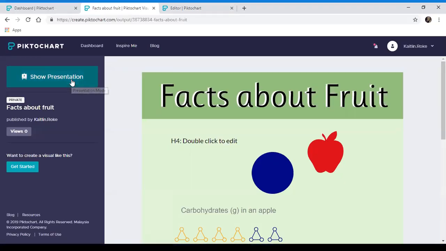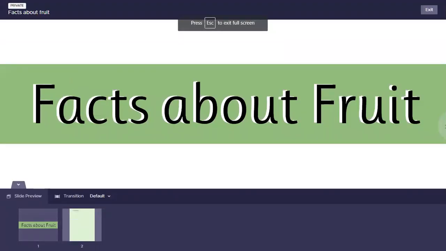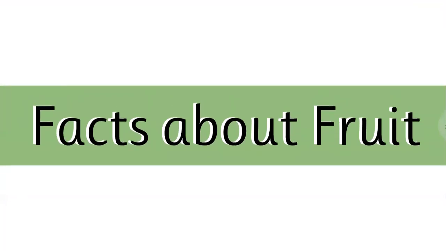When you click on Show Presentation, the unique part is that it will share block by block. This could be important if you have added multiple intentional blocks into your work.